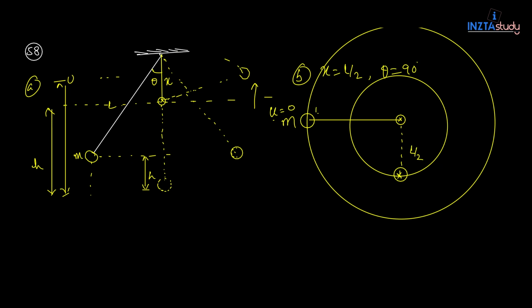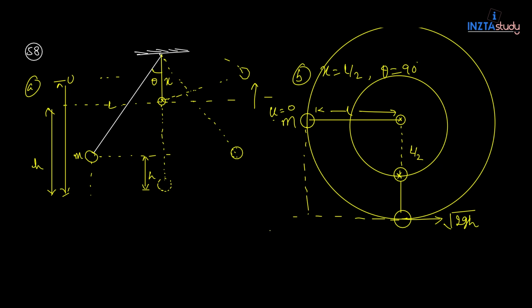If this full length is L, obviously if it falls from the height h, it will gain a velocity of root under 2gh when it comes here.